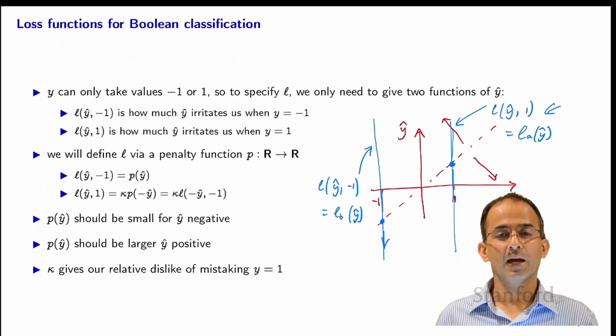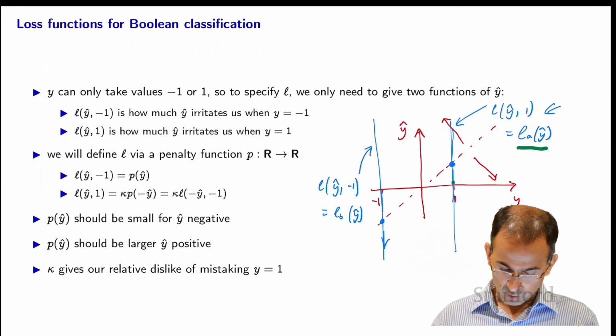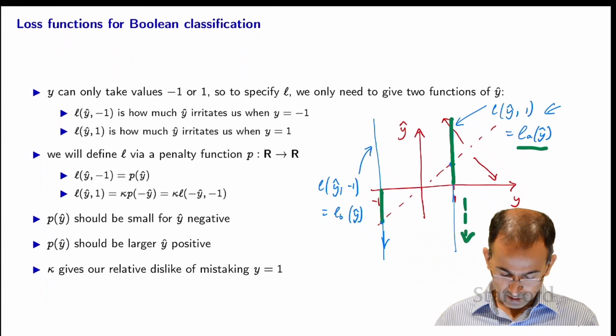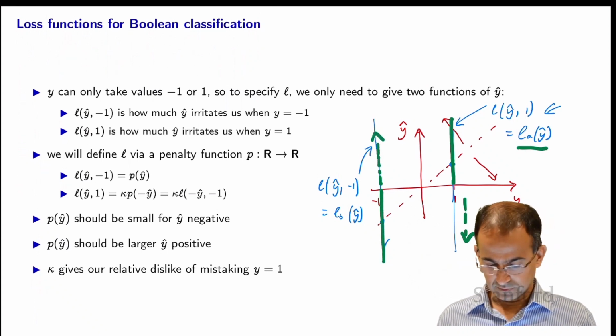And so any y hat that's negative should give us a small loss. So what we really want is for this LA function to be small when y hat is positive, small here and growing in this direction. And we would like this function to be small here and growing in that direction.